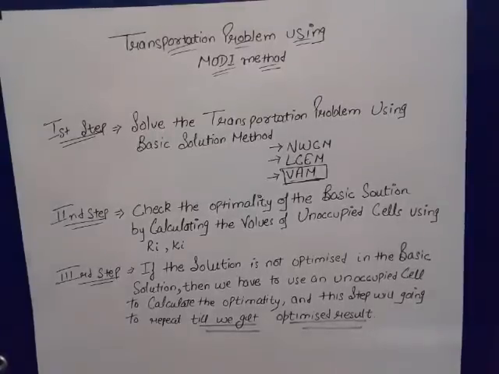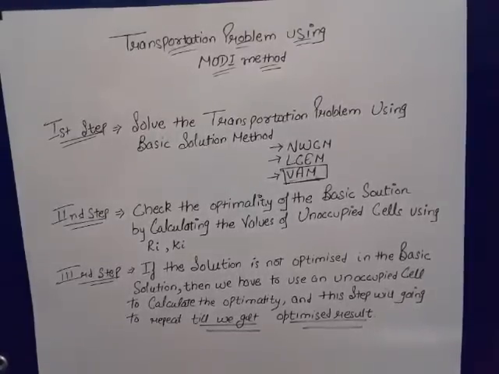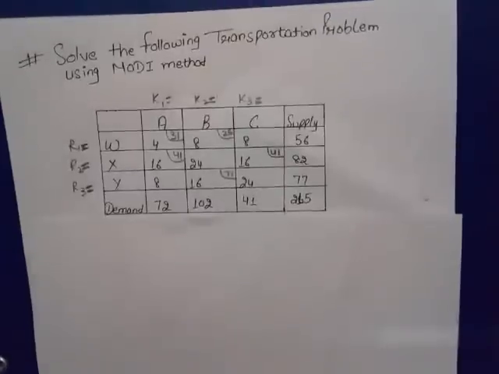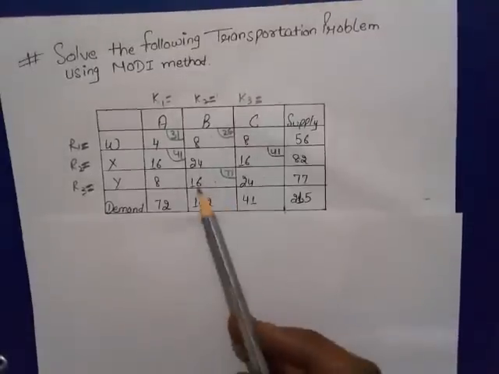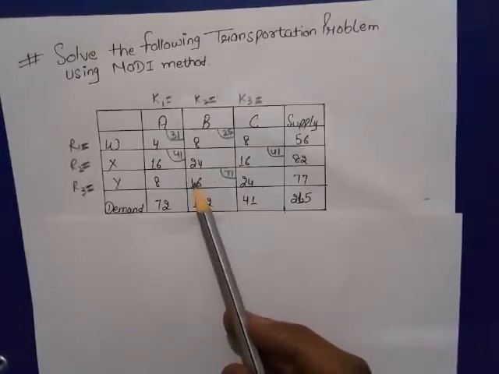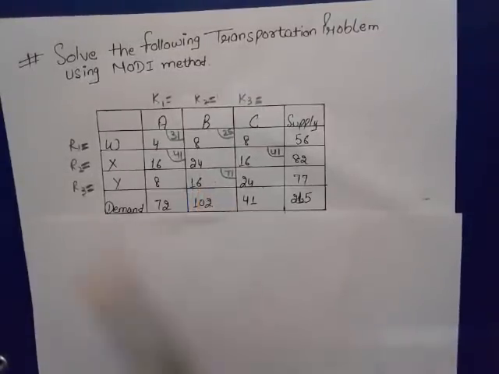Afterward we got the next negative value, minus 4, selected that cell and made the changes, and after the changes we got a new table, and again we have to find the optimality of this table. If this table is again not optimized, we have to go further till we get the optimized result.